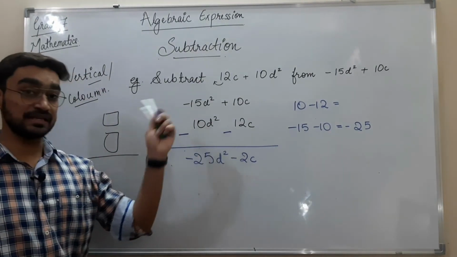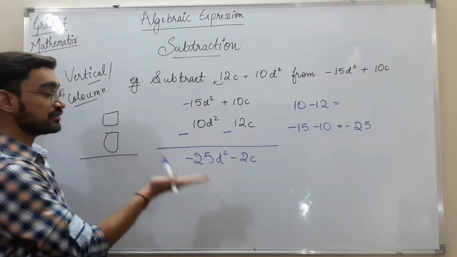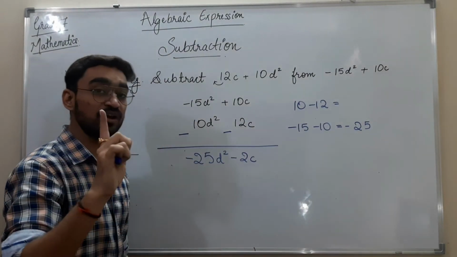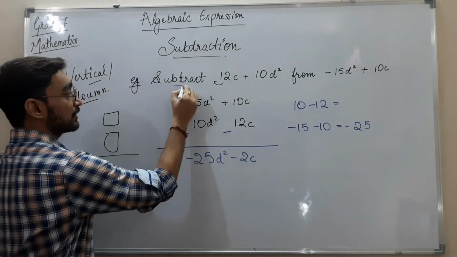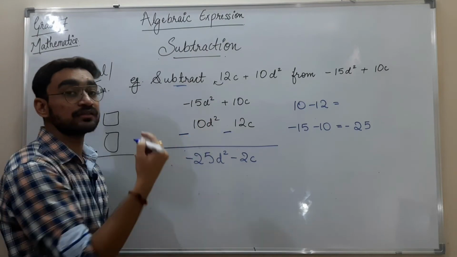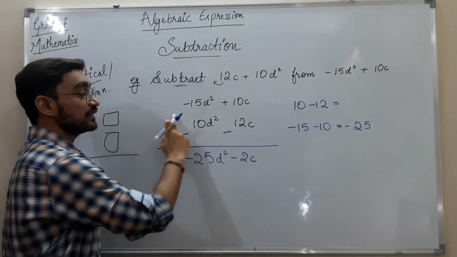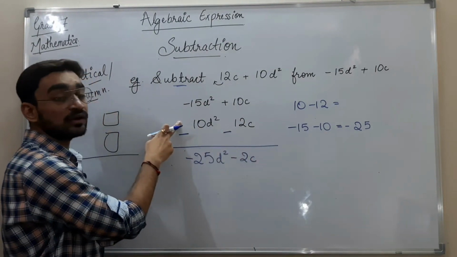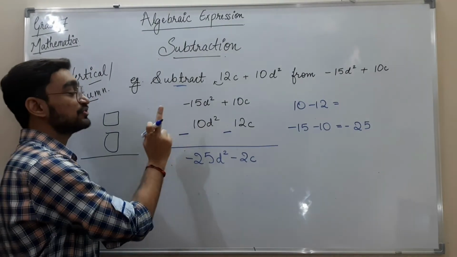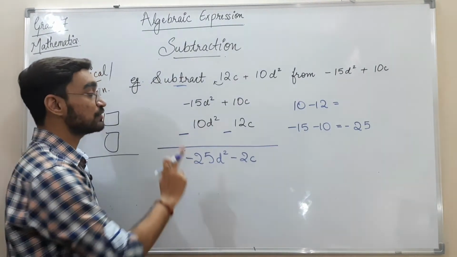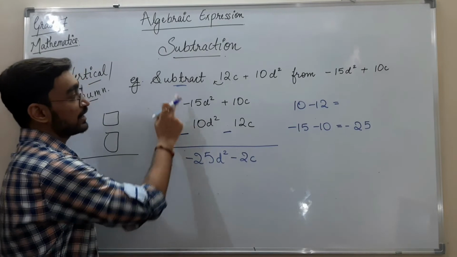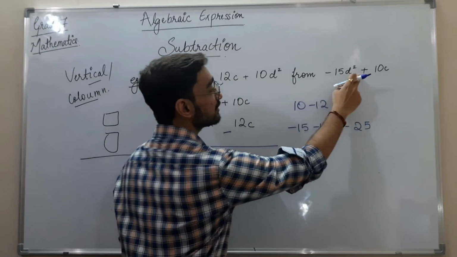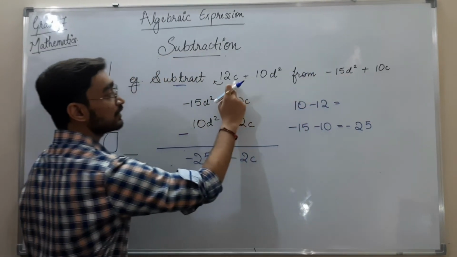Minus 25d square. The trick, the one turning point in subtraction, is to change the symbols of the expression which you are writing at the down. Subtract this from this, means this will come first and this will come down.